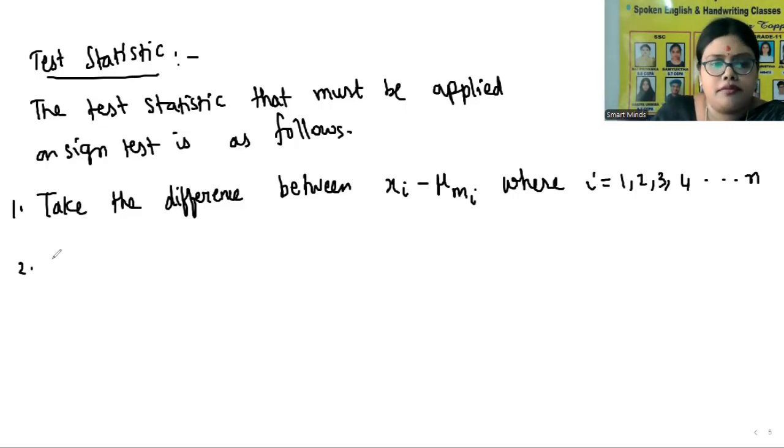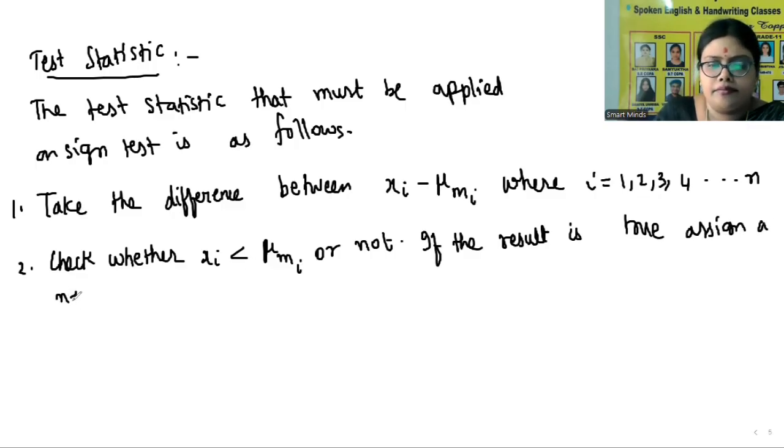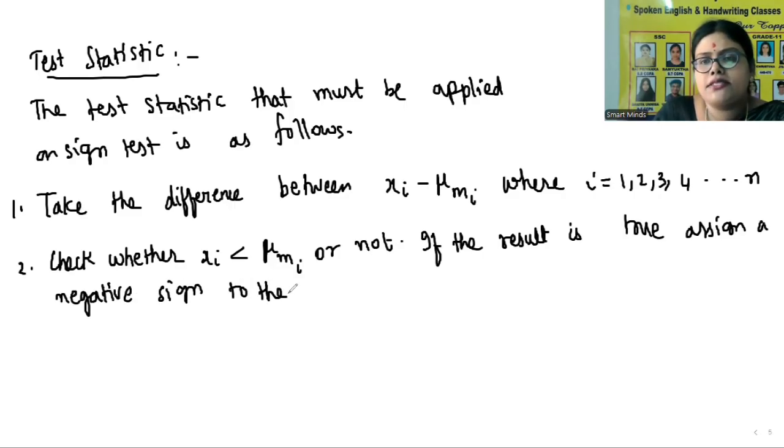Number 2, check whether xi less than mu mi or not. If the result is true, assign a negative value or assign a negative sign to the difference.